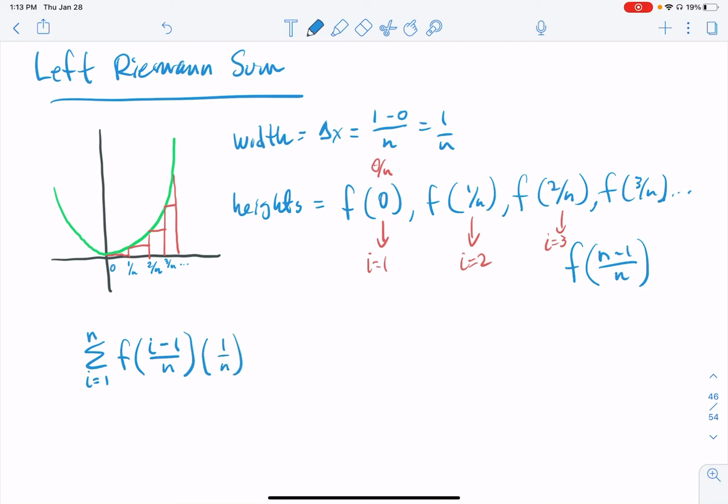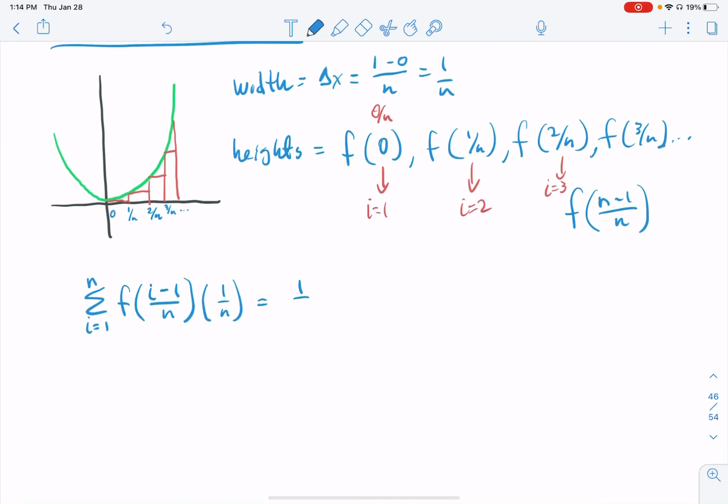So now let's evaluate this just like we did before. This is a constant because the variable for the summation is i. n is not going to change. We're just going to bring this out to the front. 1 over n times the summation, i equals 1 to n, of f of i minus 1 over n. Okay, so where are we going to get this?